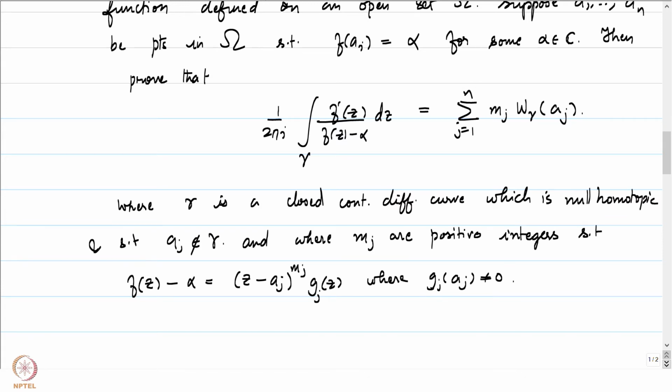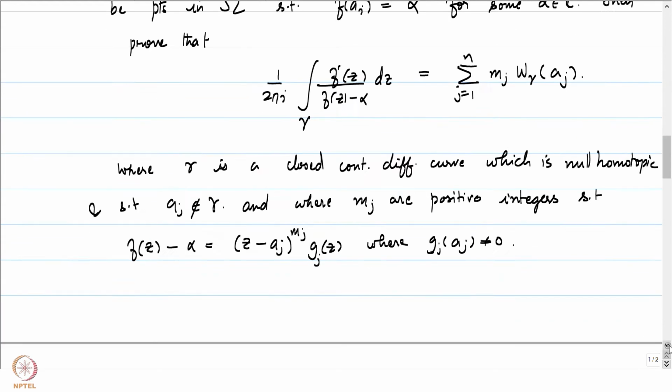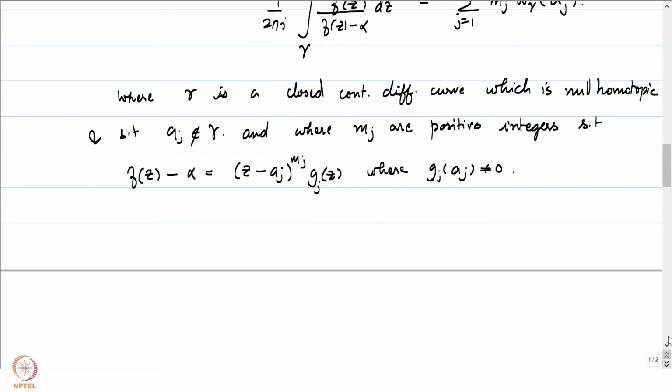So in some sense it's the multiplicity of the 0 at aj. 0 of what? 0 of f of z minus alpha. So this is exactly what is called the multiplicity at the point aj.